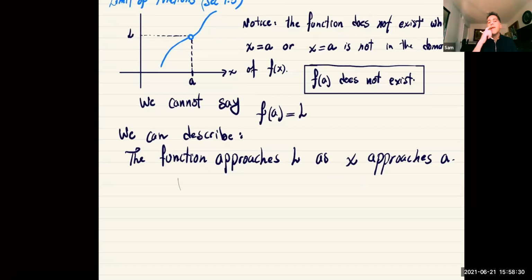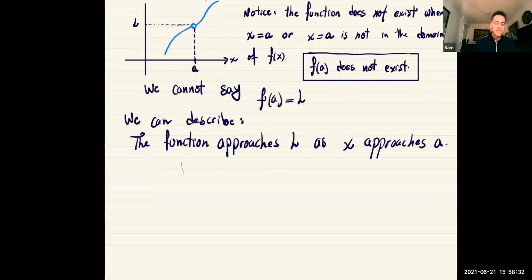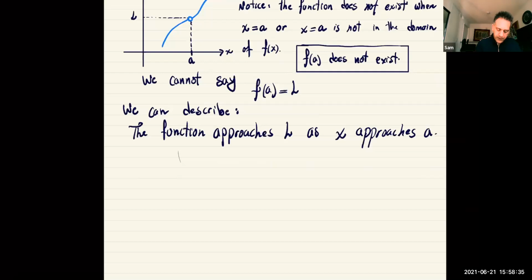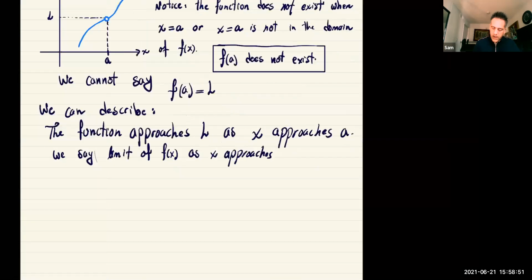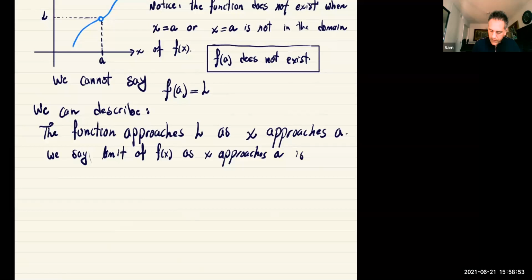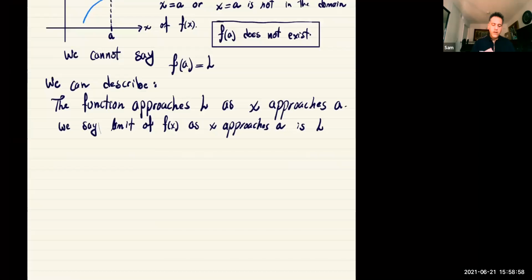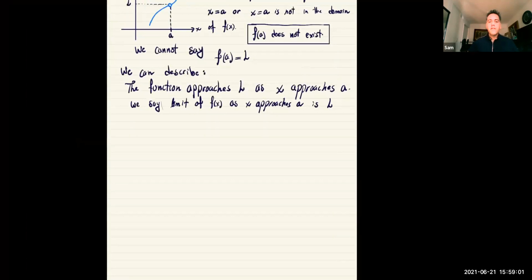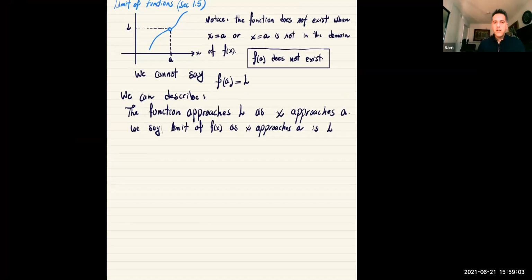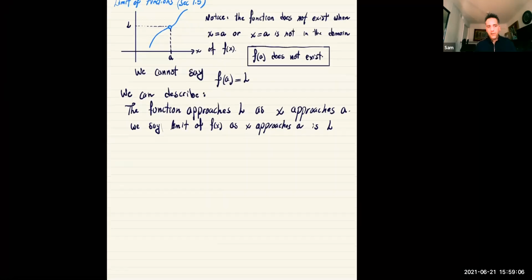That's what's happening, so we can describe this using a limit. So we say the limit of f of x as x approaches a is L. And we can write this statement in notational form.